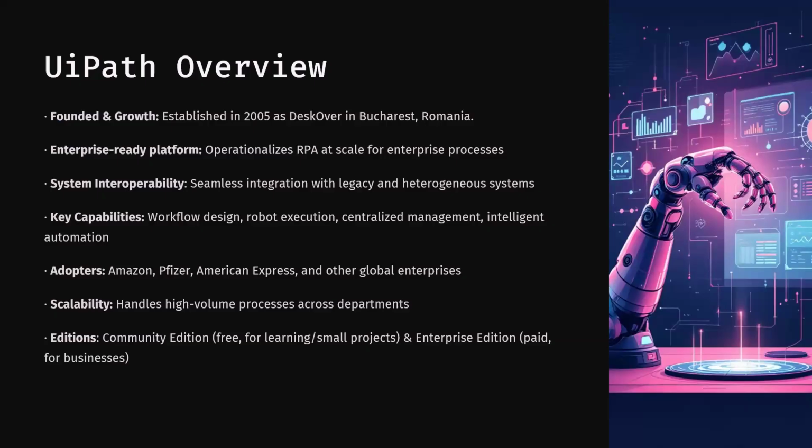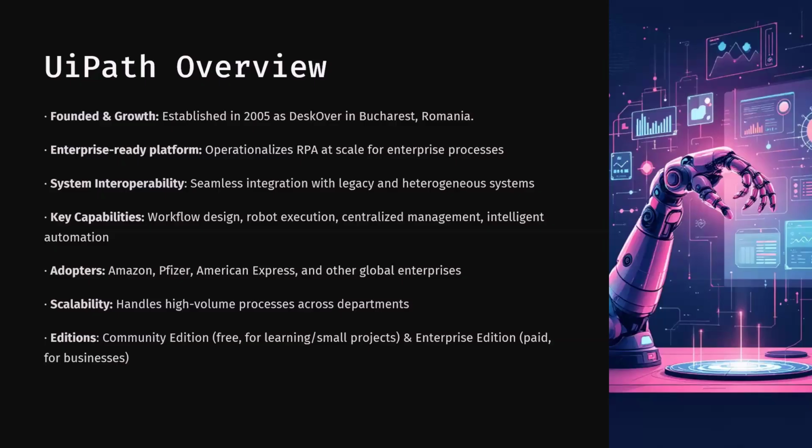Since then UiPath has grown rapidly into one of the leading RPA platforms. It now operates globally with offices in multiple countries. It has attracted significant investment and developed a comprehensive automation ecosystem. This platform takes the concept of RPA and makes it practical, scalable, and enterprise ready.